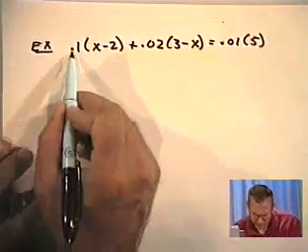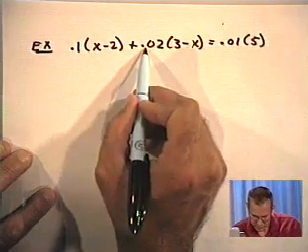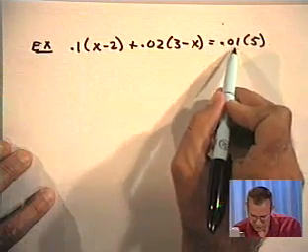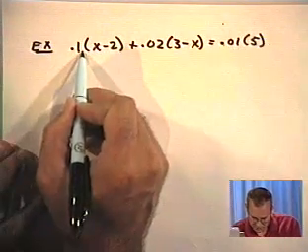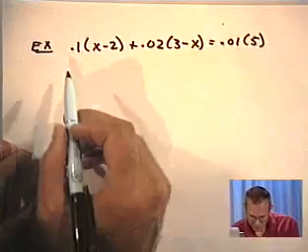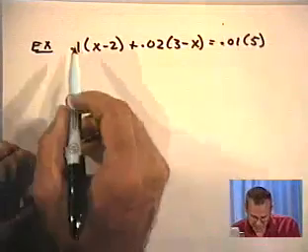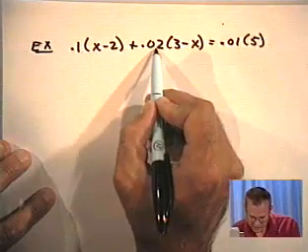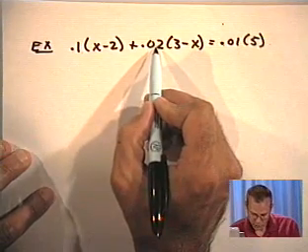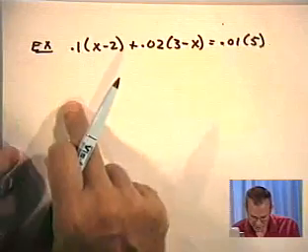Now, here I need to multiply, so in order to move all the decimal places appropriately, I would get rid of this decimal, but I would still have a decimal here. Do that here.